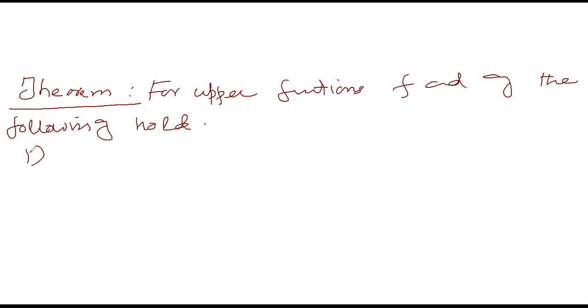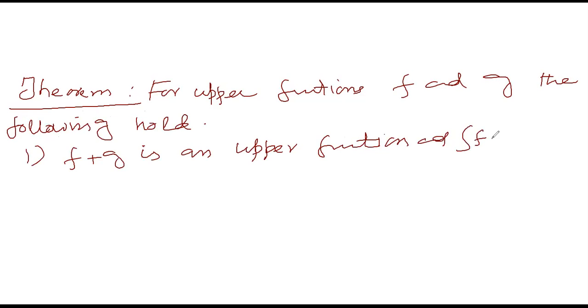First, f plus g is an upper function. The sum of two upper functions is an upper function, and the integral of f plus g is equal to the integral of f plus the integral of g. Second, alpha f is an upper function where alpha is positive, not for every scalar. That's why it's not a vector space.